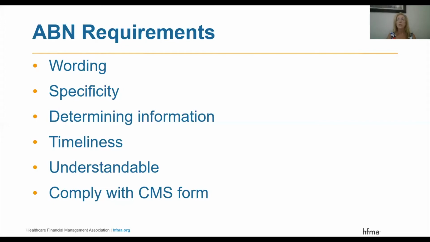And it must clearly inform the patient of the amount that they are going to owe. Failure to provide a patient with an ABN, and failure to appropriately code the account to indicate that the ABN was signed, will result in Medicare denying those services, and the provider may not bill the patient.